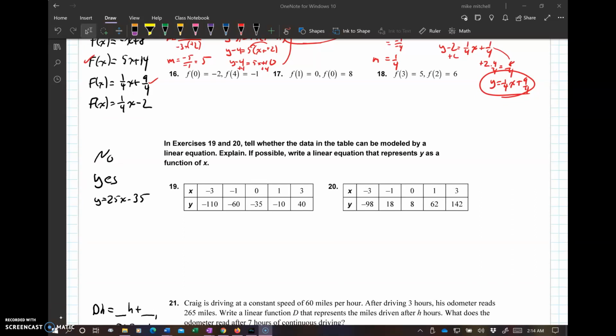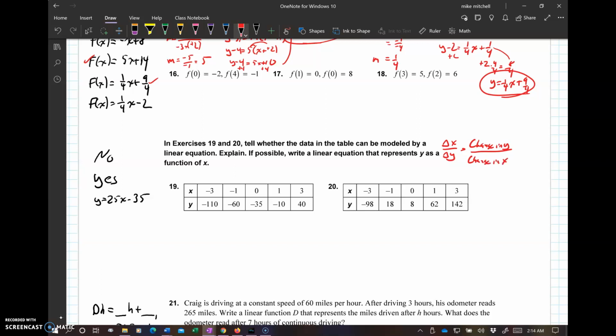Okay, 19 and 20, we got to see if these are linear first here. So this is going to be change in y over change in x. Again, that delta means change. I should write that out. Change in not x. Geez, I'm messing all up here. Change in y over change in x.